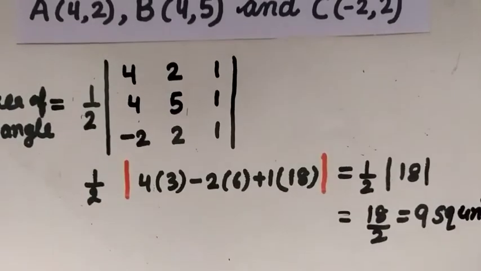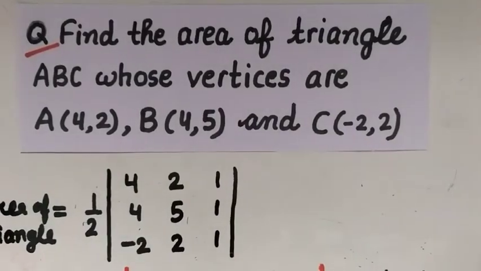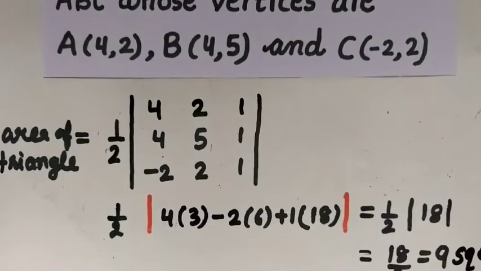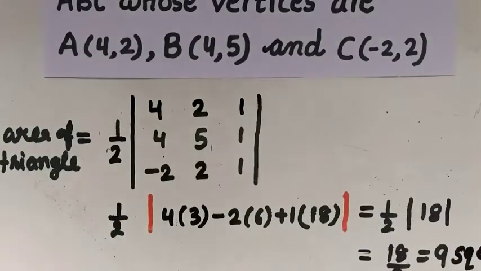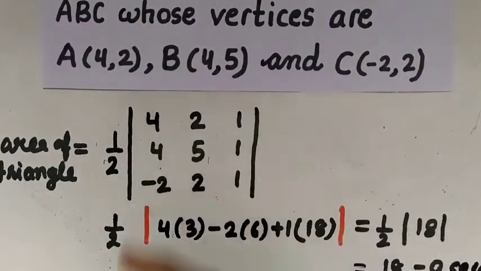So students, it's very simple. All three vertices of triangle ABC were given and you had to find the area of triangle ABC. First of all, this is the formula for finding the area of a triangle by using determinants. In the first column, we write all x coordinates of all three vertices. Then in the second column, we write all y coordinates of all three vertices.